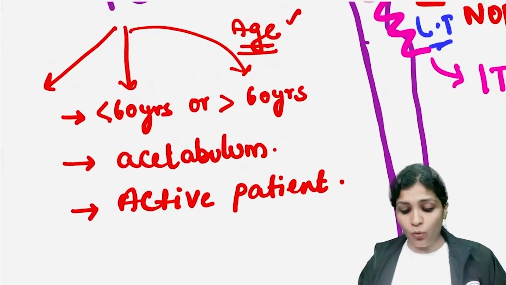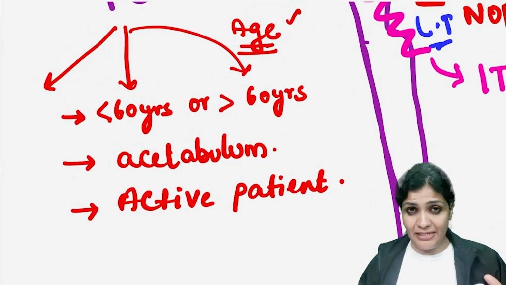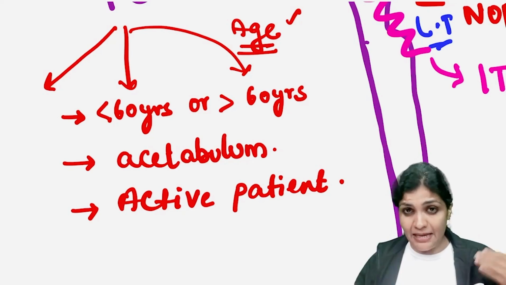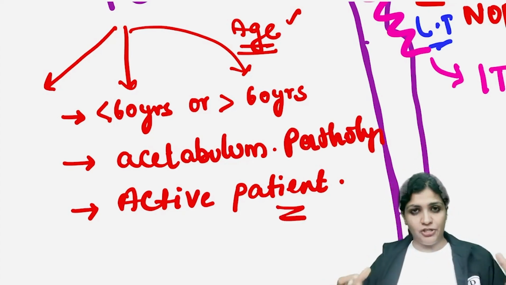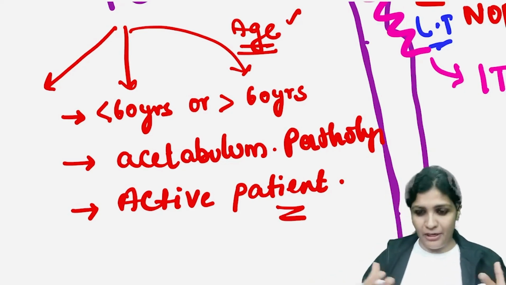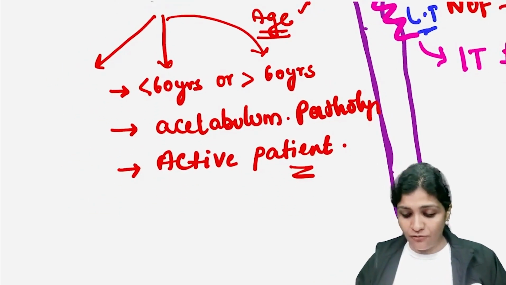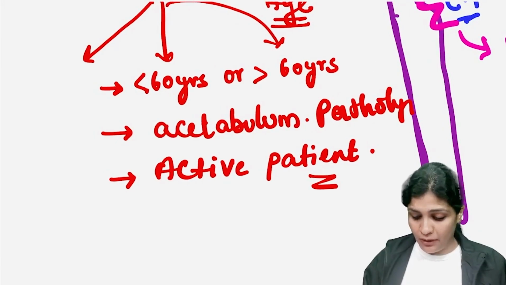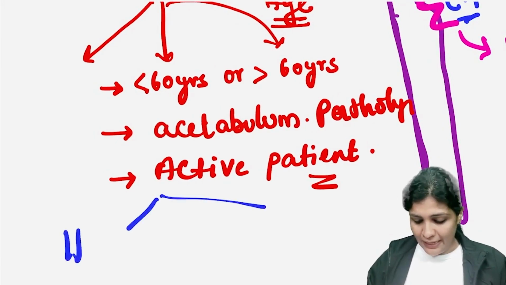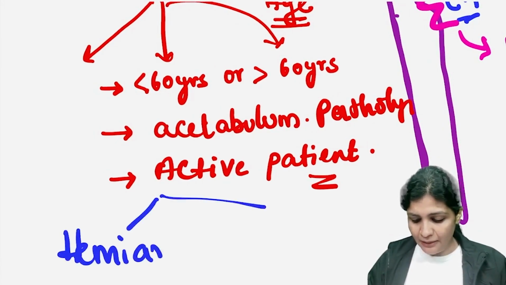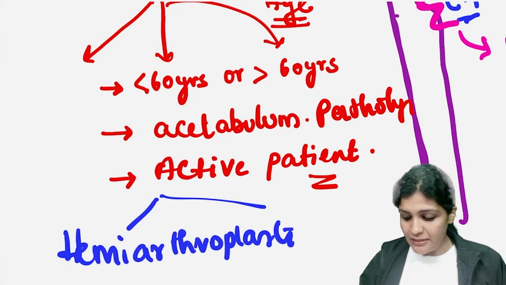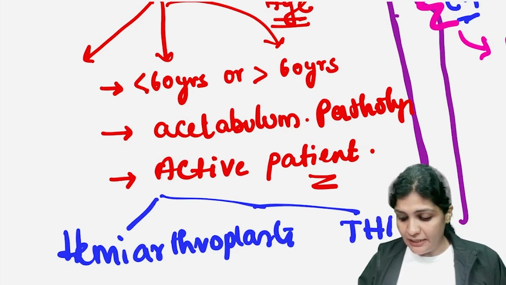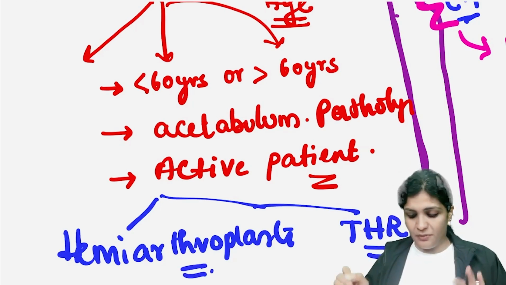Now we are confused only between less than 60, more than 60. If there is any acetabulum pathology, and they will mention whether it is an active patient or a bedridden patient, here you have to choose between two important options. One is hemiarthroplasty and the second one is THR, that is total hip replacement.